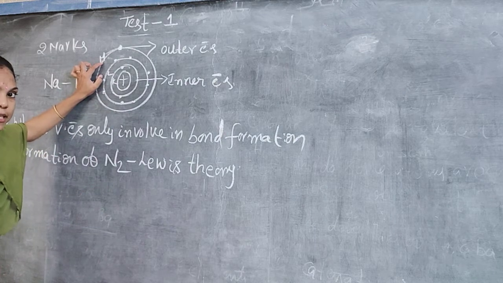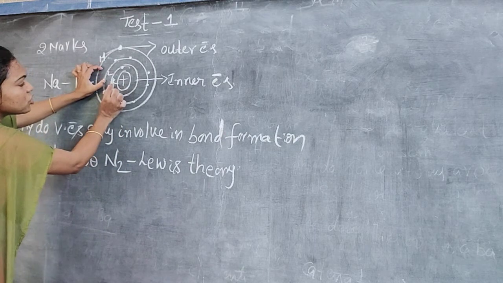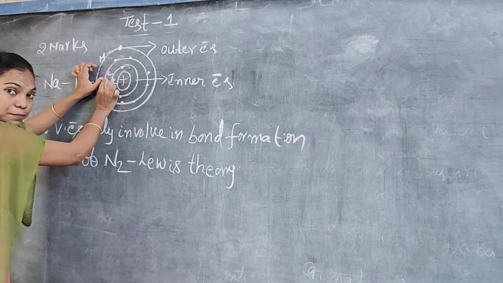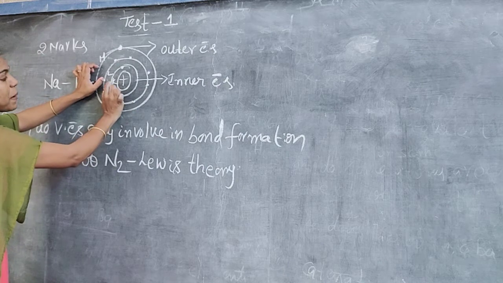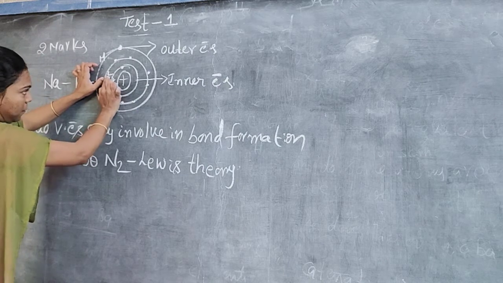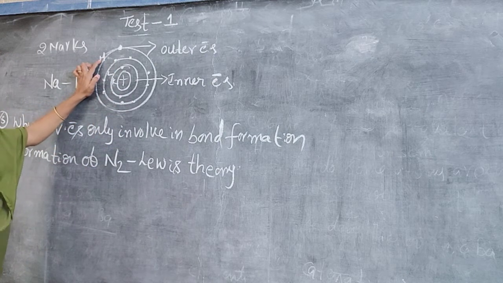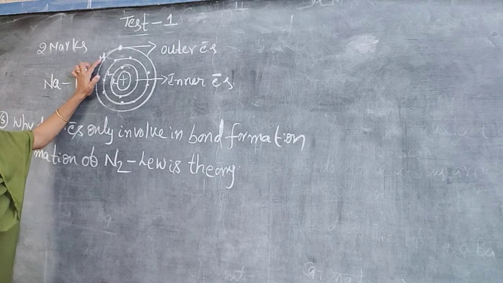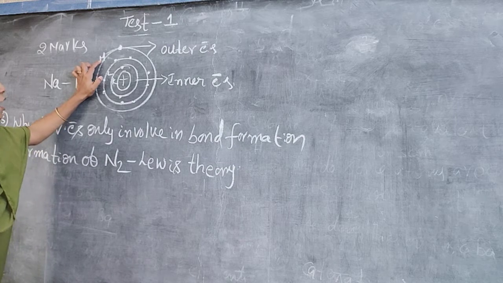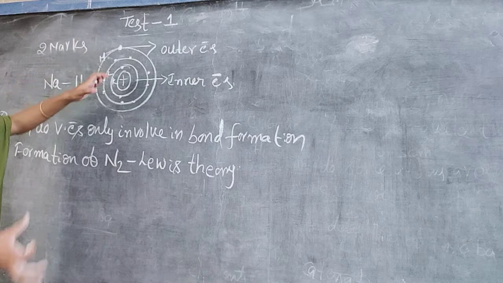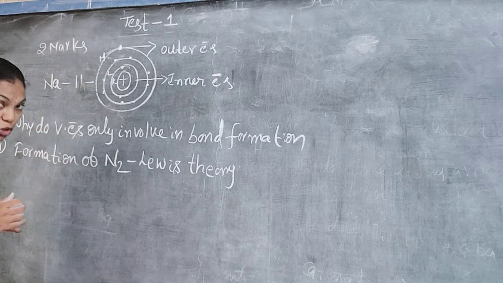The nucleus attracts the K and L electrons strongly, but its force upon the M shell is somewhat negligible, not very strong. So the outer shell electrons interact only loosely with the nucleus.